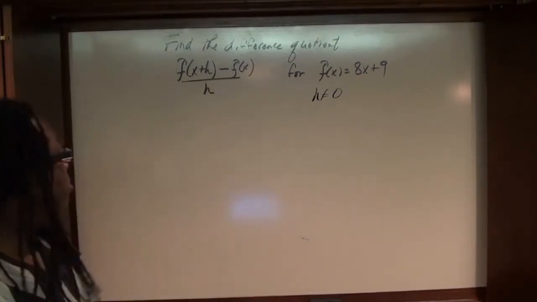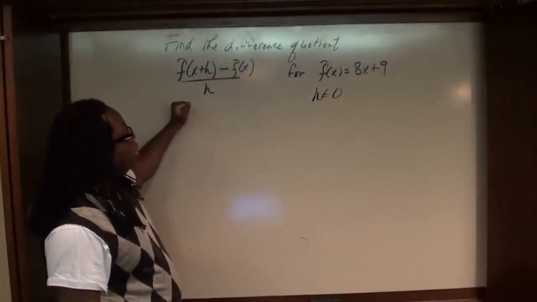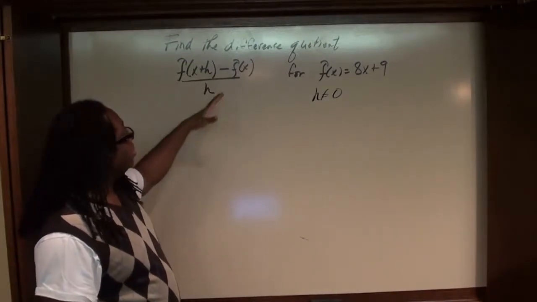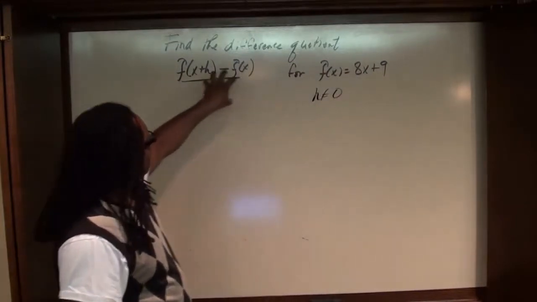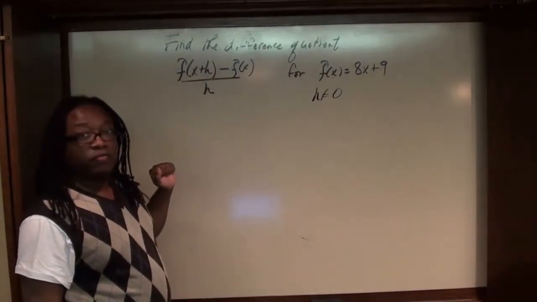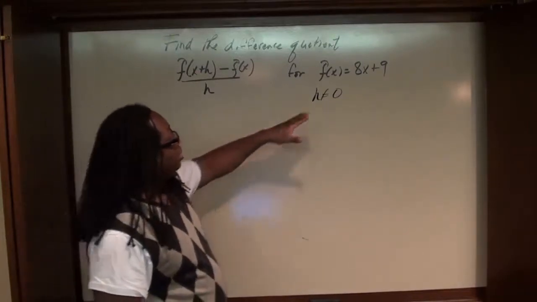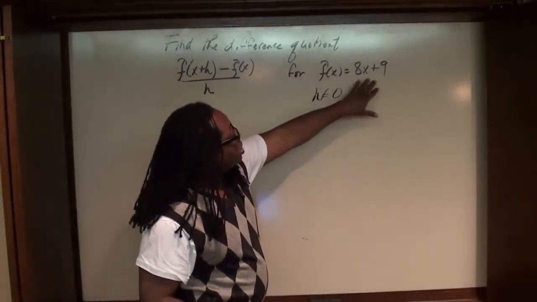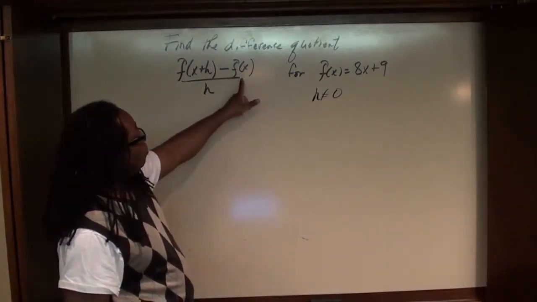Now, when we're talking about finding the difference quotient, the main component we need to start with is basically substituting this particular equation into this particular equation so you can find the solution. What's obvious is that f of x equal to 8x plus 9 can be easily substituted in for this component.